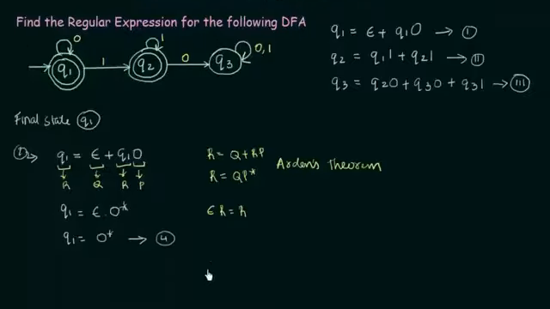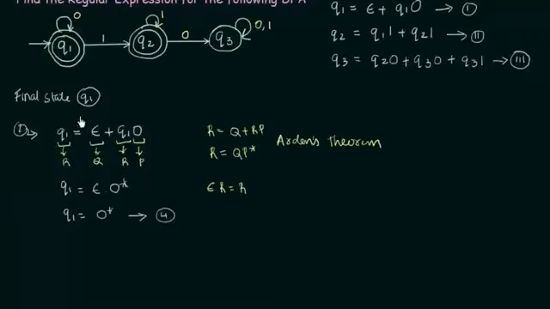Alright, now we have finished solving for final state Q1, but we have one more final state, which is Q2. So we have to find the regular expression for Q2 as well. For that I will use equation number 2, the equation for Q2. Q2 is equal to Q1 1 plus Q2 1.